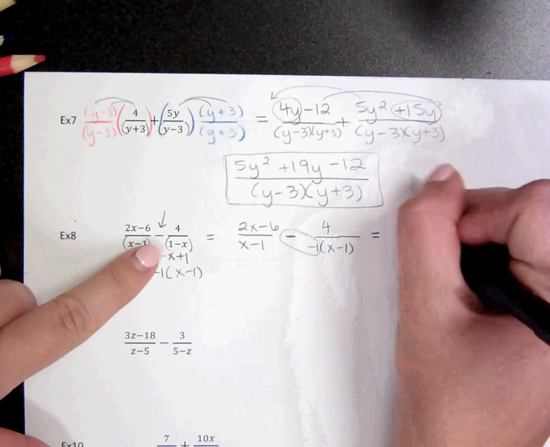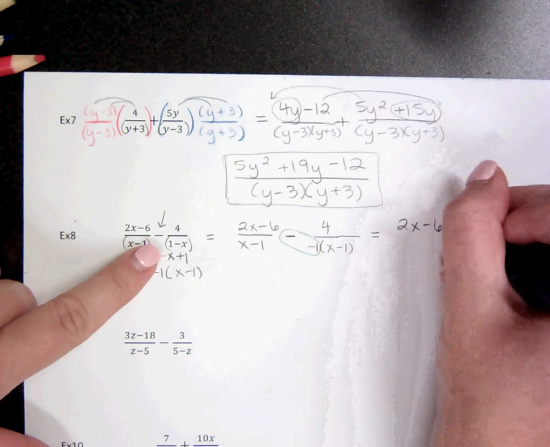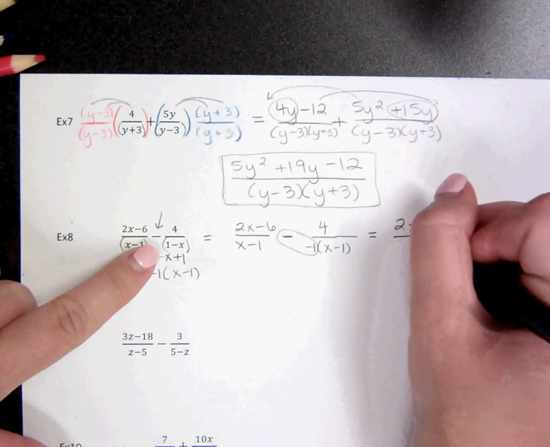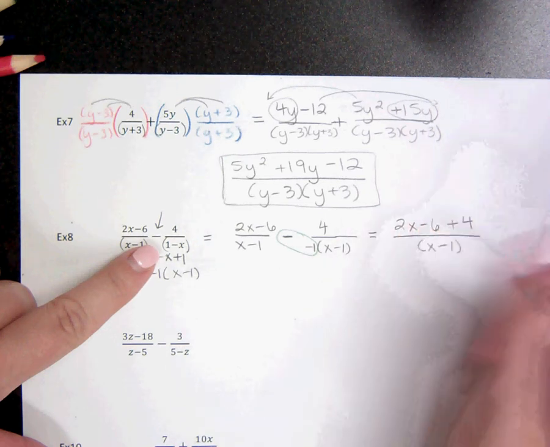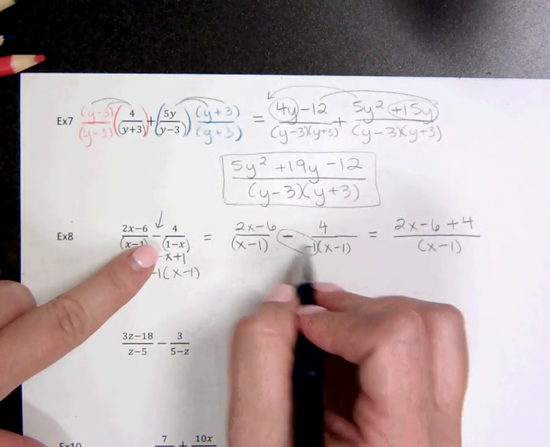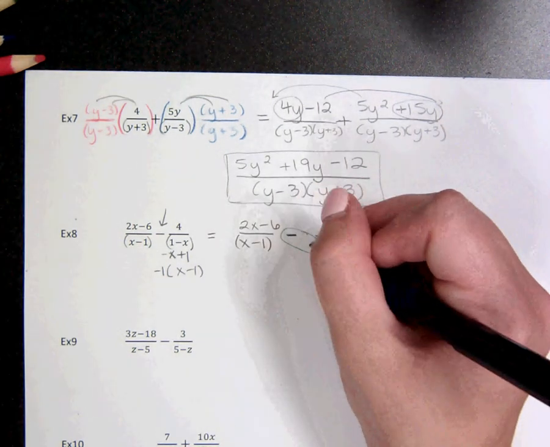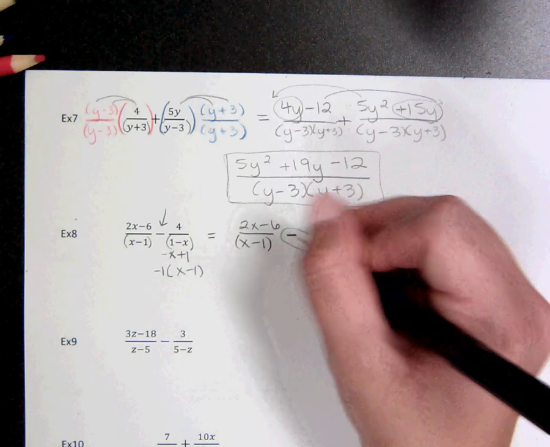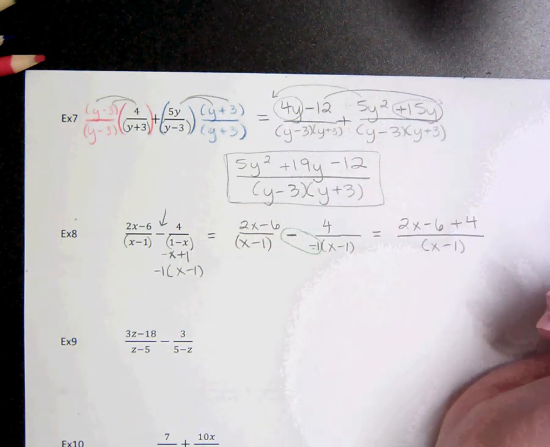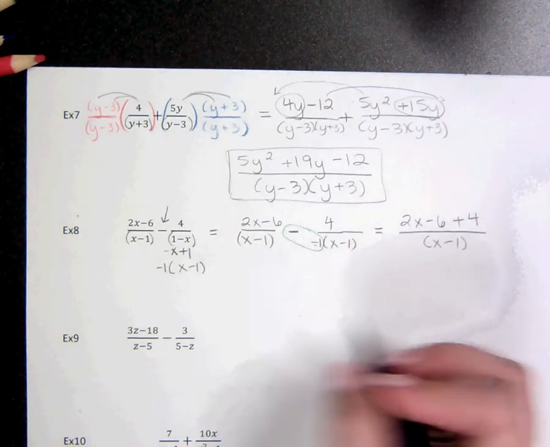So I'm going to have 2x minus 6 plus 4 over x minus 1. So to be very careful, write that very carefully. That negative 1 combines or adds or subtracts, or however you want to think about that, with this subtraction in the problem. So it becomes a positive.